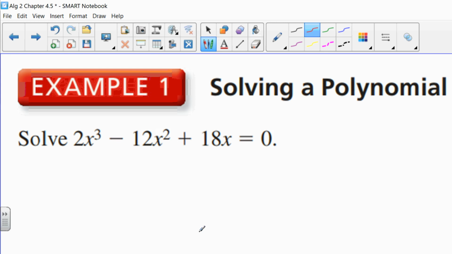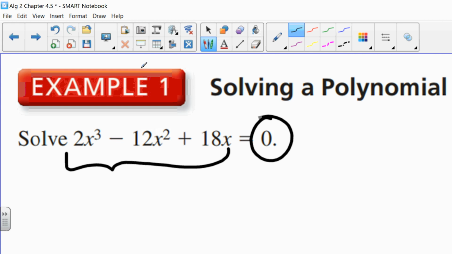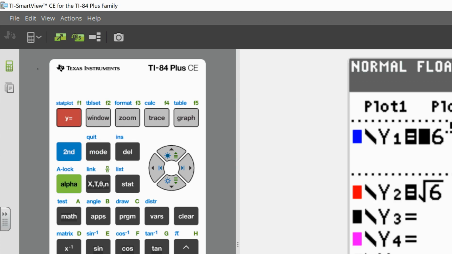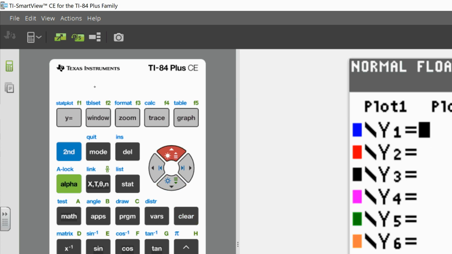So what we can do is make sure, one, that all the variables are on one side of the equation, everything's on one side, and it is set equal to 0 for us to be able to graph it. And when we graph it, we're going to take the graphing calculator and hit y equals. Here I'm going to need to clear both of these out.